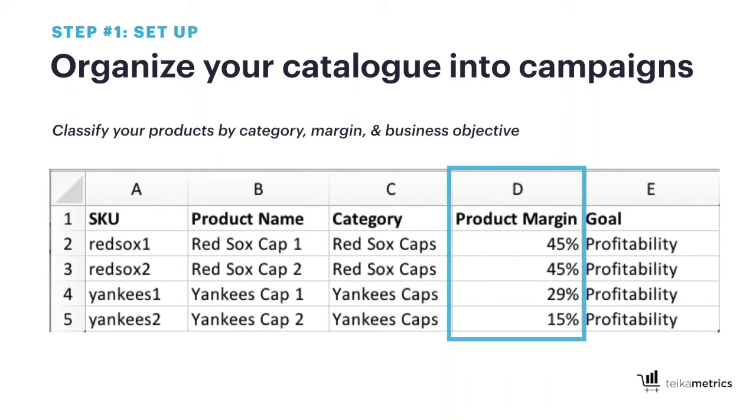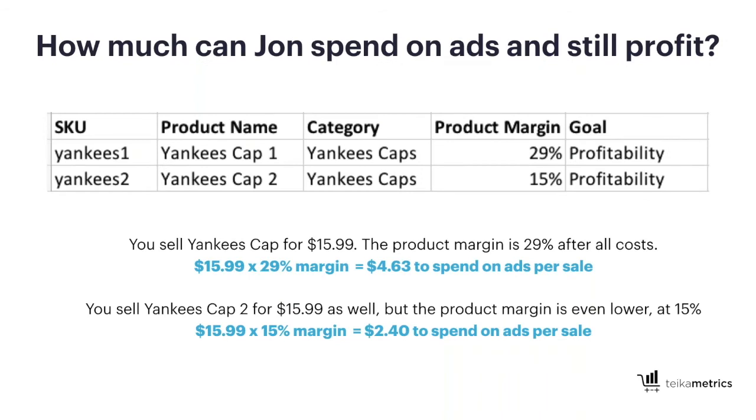Yeah, perfect. I totally agree, right? This is the exact situation that we just walked through. Right, because just to put it in more perspective, doing that math, if John sells Yankees caps for $15.99, the product margin is 29% after all those costs.